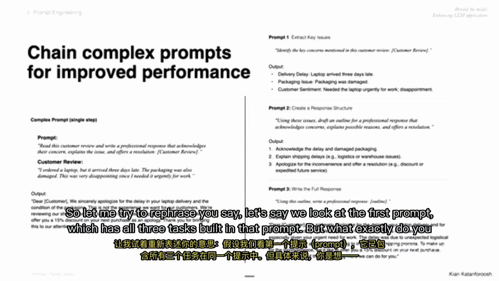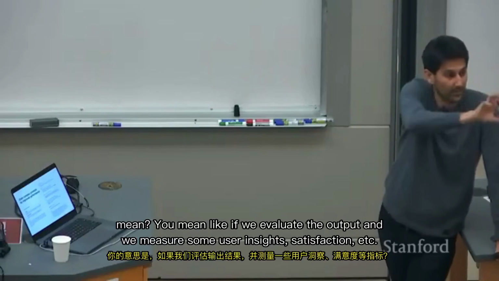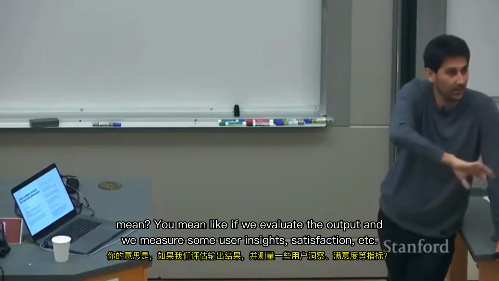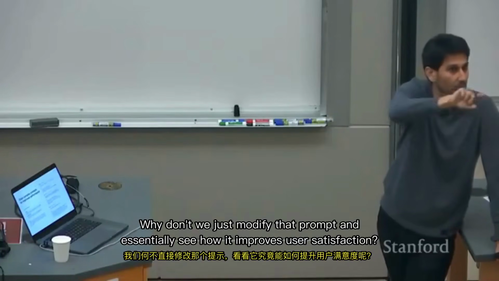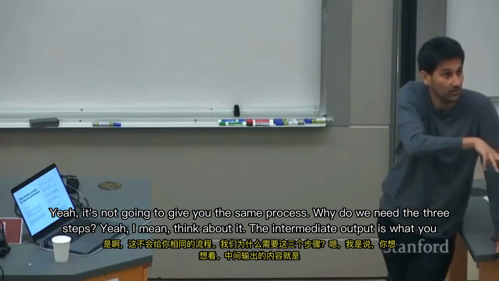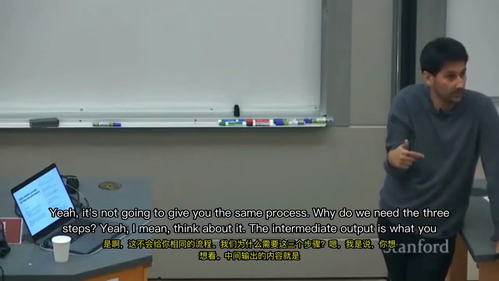You say, let's say we look at the first prompt, which has all 3 tasks built in that prompt. What exactly do you mean? You mean if we evaluate the output and we measure some user satisfaction, why don't we just modify that prompt and essentially see how it improves user satisfaction? Yeah, instead of doing a 3-step process where we prompt again. I see. Why do we need the 3 steps?